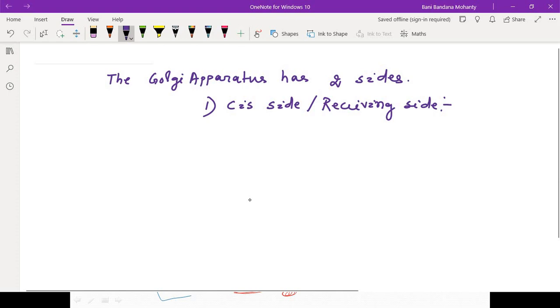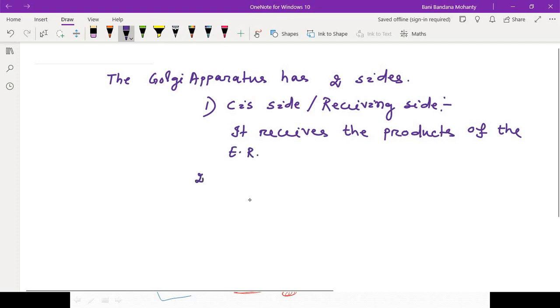What happens on this side? It receives the products of the endoplasmic reticulum. And the second one is the trans side or exit side.